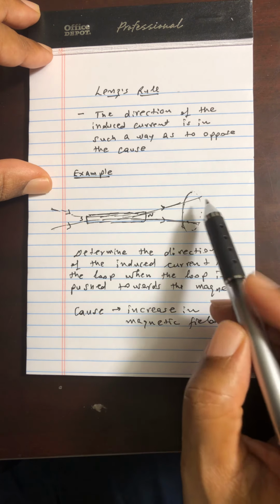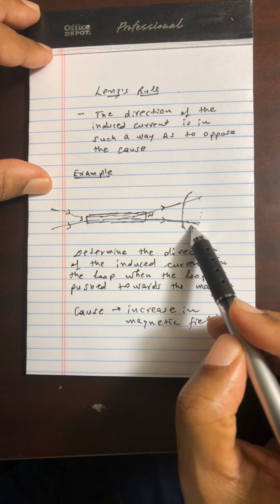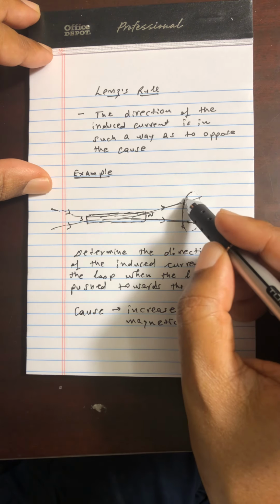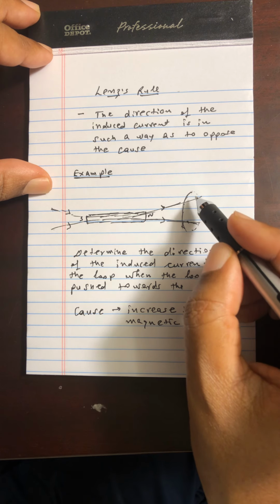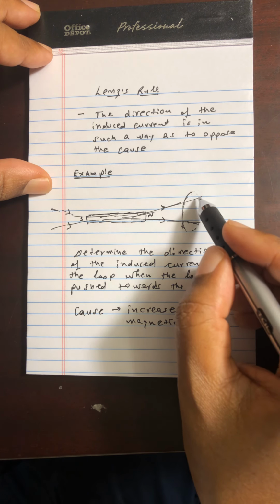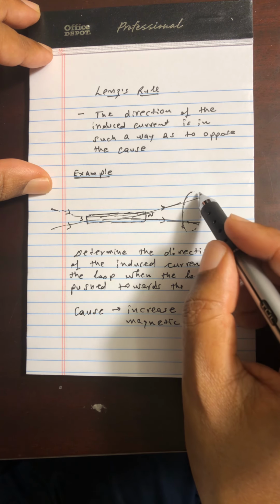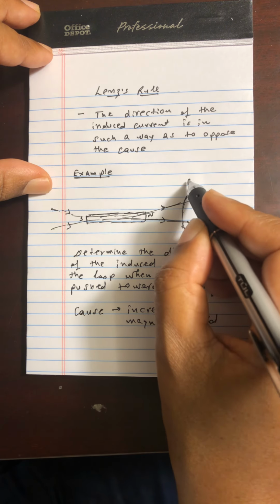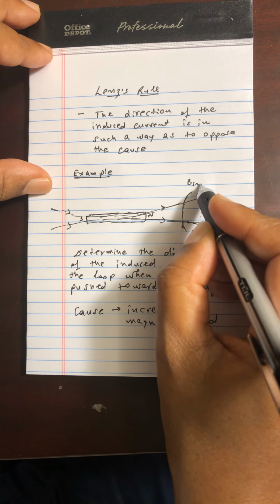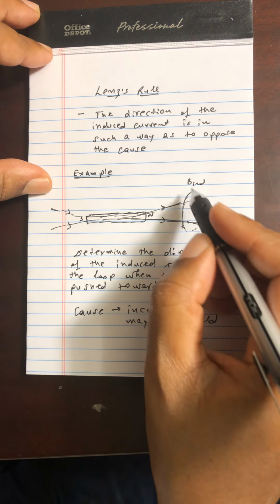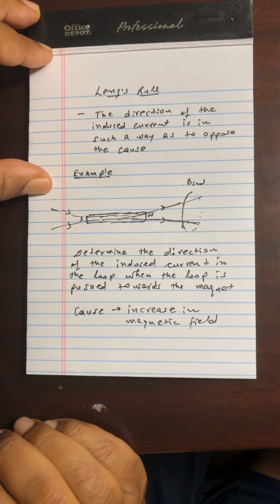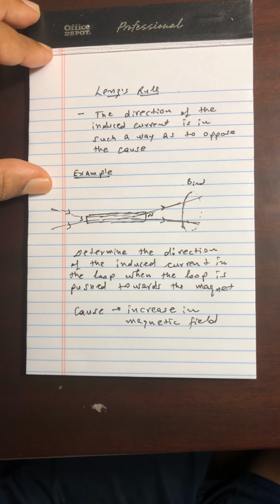That induced current is going to produce its own magnetic field, so let's call that the induced magnetic field, B induced. Now the question is, should the direction of that induced field be this way or this way? That's where Lenz's rule comes in.